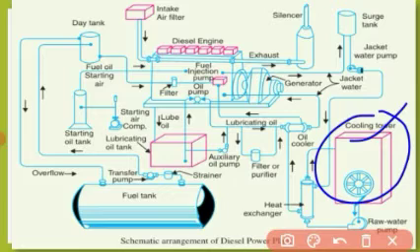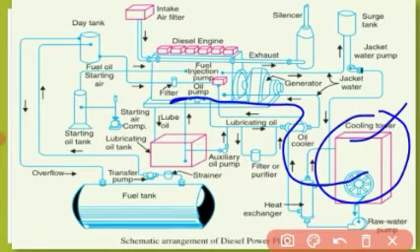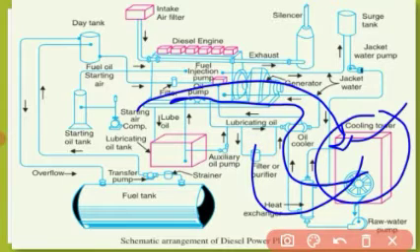The water takes the heat from the engine and itself becomes hot. The hot water is cooled by the cooling towers, and the cooled water is recirculated. This is the cooling system.